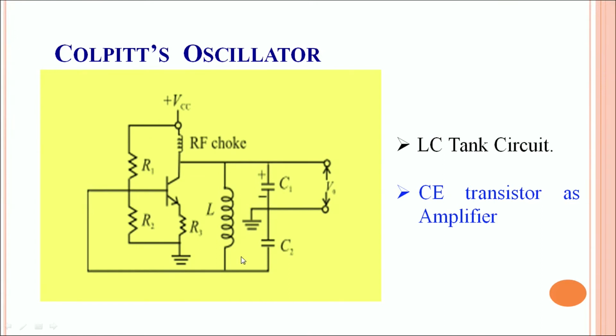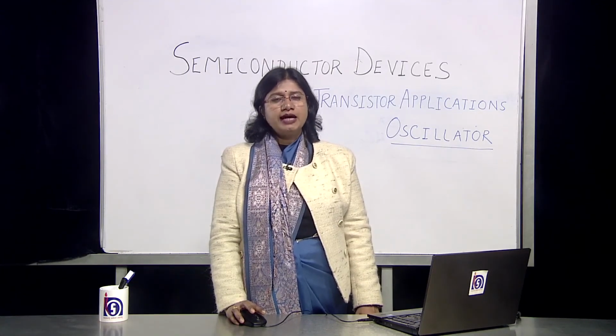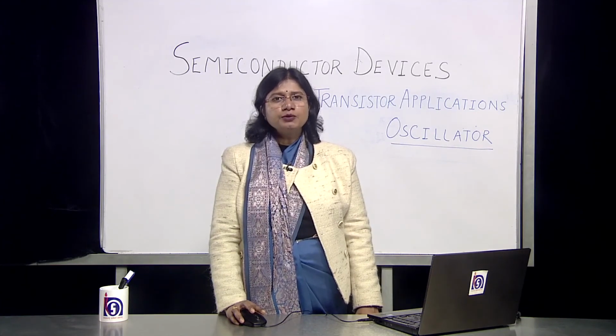So it feeds back a portion to the input. Again, some portion of the output is fed back as input, and it is this feedback mechanism which converts this simple amplifier into an oscillator, and thus the output measured across here has sustained oscillations.